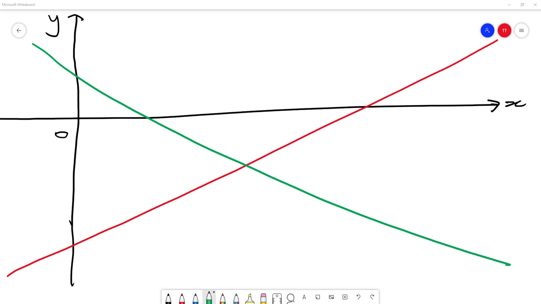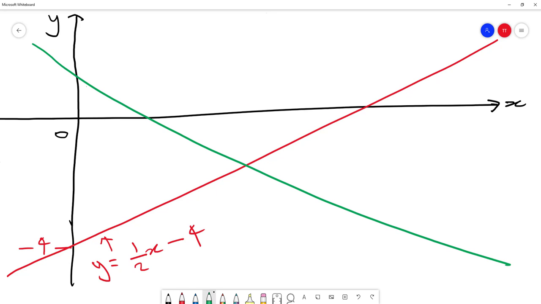So for the last part, for the area of the triangle, I've drawn both the equation of the tangent and the equation of the normal. So what we can do is label this first of all and say, well, this is the equation of the normal, which is a half x minus 4. So it cuts the y-axis here at -4.